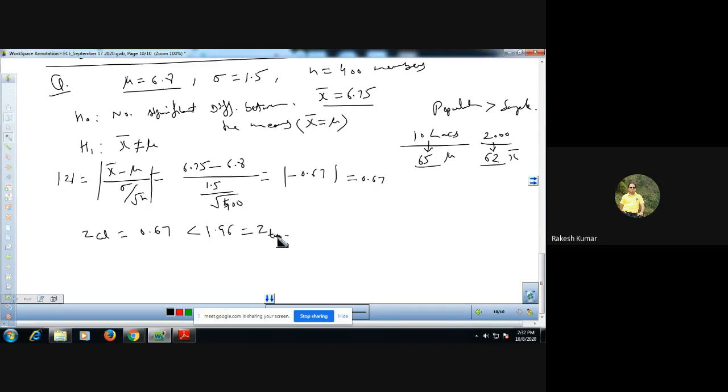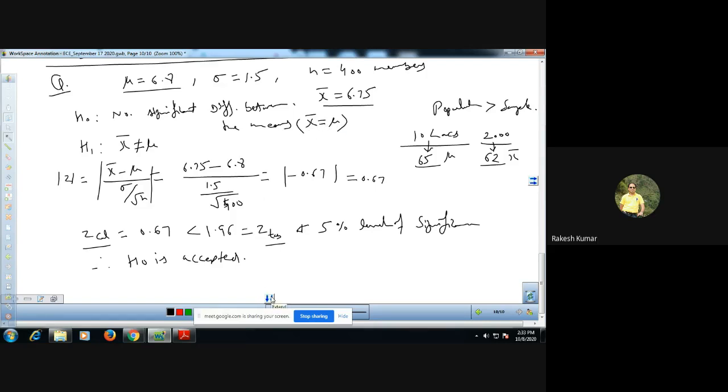This is Z tabulated, the table value at 5% level of significance. Whenever the calculated value is less than the table value, the null hypothesis is accepted. What does it mean? There is no significant difference between the population mean and the sample mean.